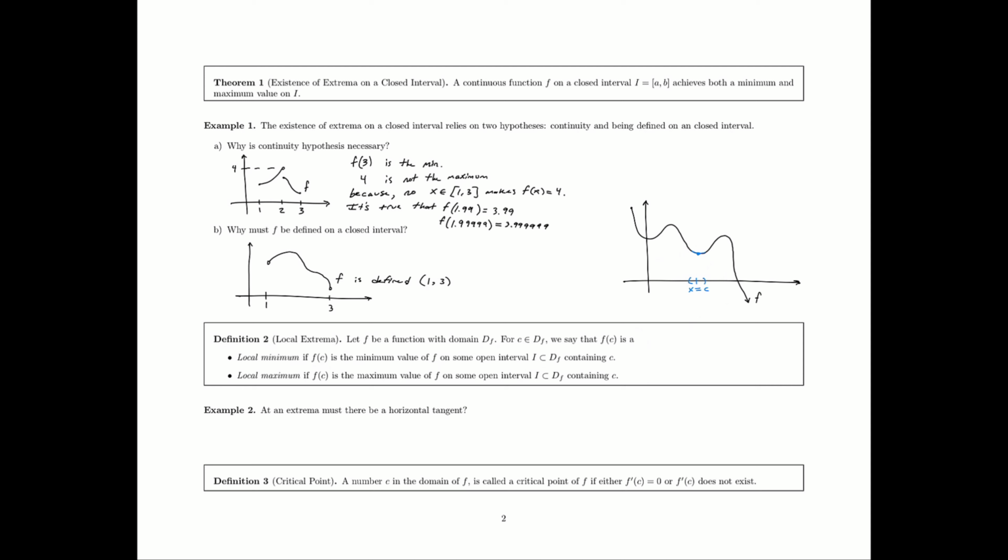And you'll notice here that if you compare the y value corresponding to that point to any of the y values in this little open neighborhood around the point, this y value is less than or equal to all of these y values. So we say in this immediate area, this is the minimum. That's what it means to be a local minimum.